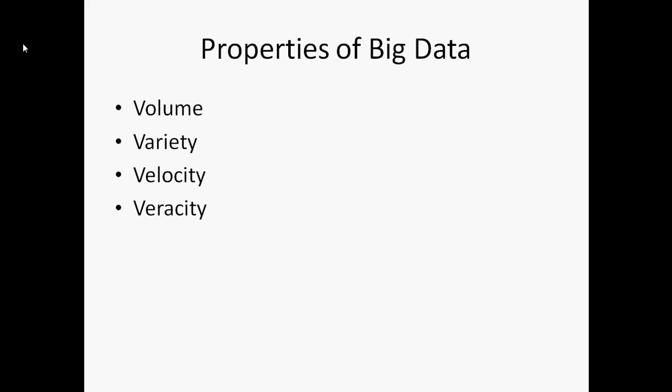You just don't have control over it, because you cannot control the tweets done by your Twitter users, and you cannot control the Facebook posts done by your Facebook users. There are weather sensors, there are parking sensors. Each and every device is generating some kind of data, and that's why volume is one of the main properties of big data.